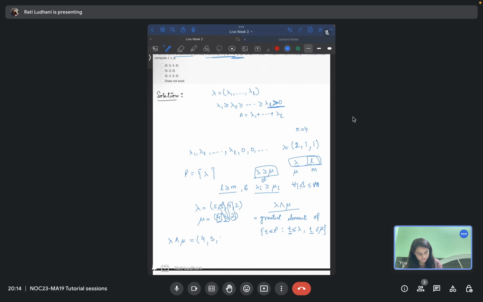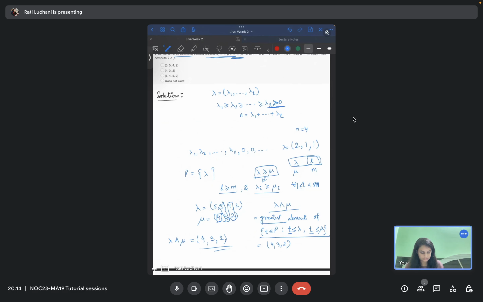For this you take 2, and the next one is 0 and 2, so you are taking 0. Basically 0 we don't write, so you can write 4 3 2. After that these are all 0. This will be the greatest element of this set, because you are talking about the lower elements. So this will be just 4 3 2, and you pick the greatest one. You are not taking 3 because 4 exists, and that is also less than lambda and mu.